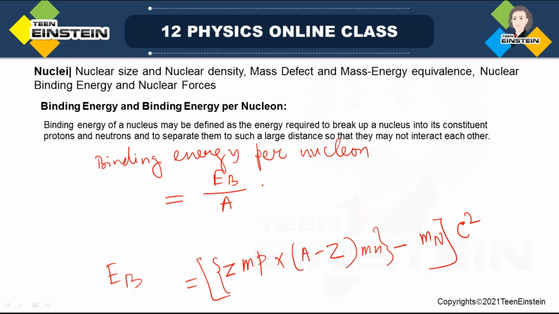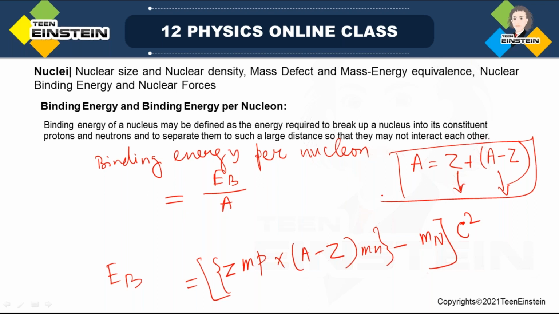What is the mass number? The mass number is the total number of nucleons. A is Z plus A minus Z, right? This is the proton, this is the neutron, so this gives you the mass number. Binding energy divided by mass number is called binding energy per nucleon.